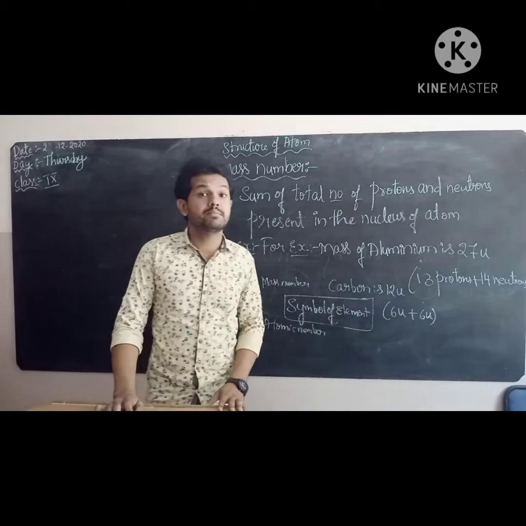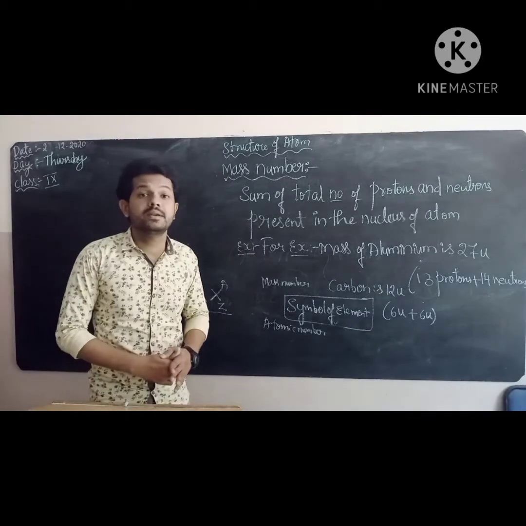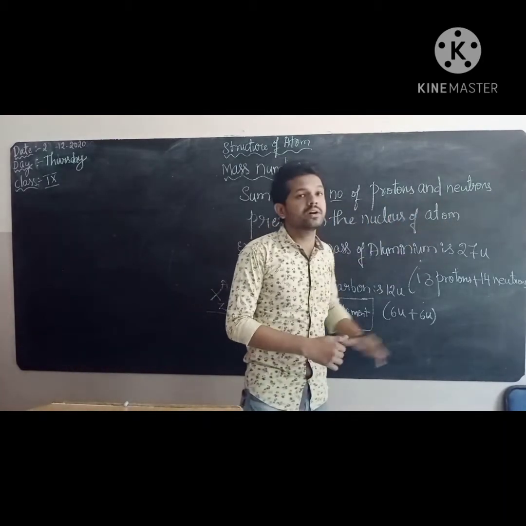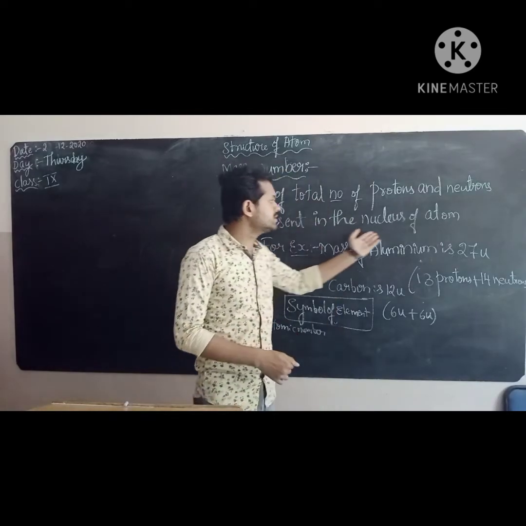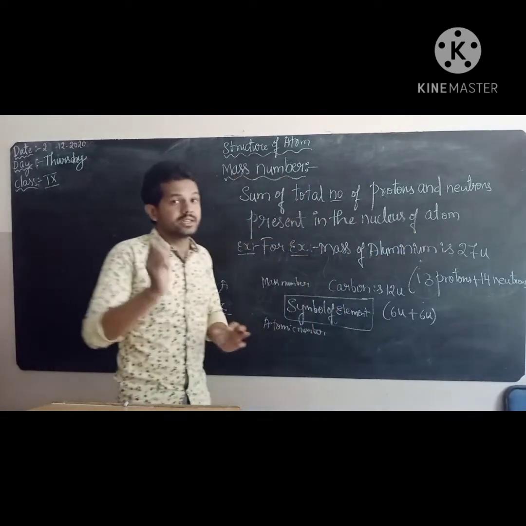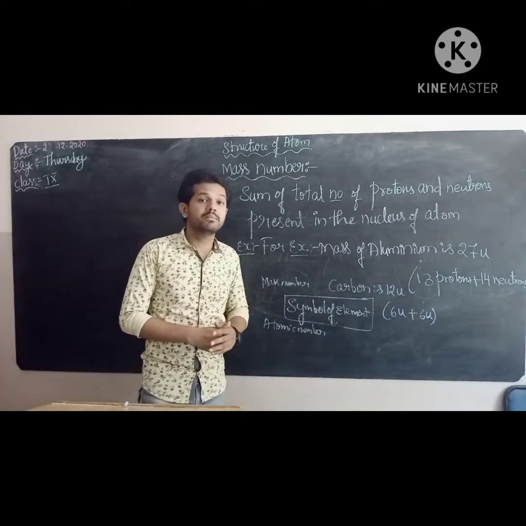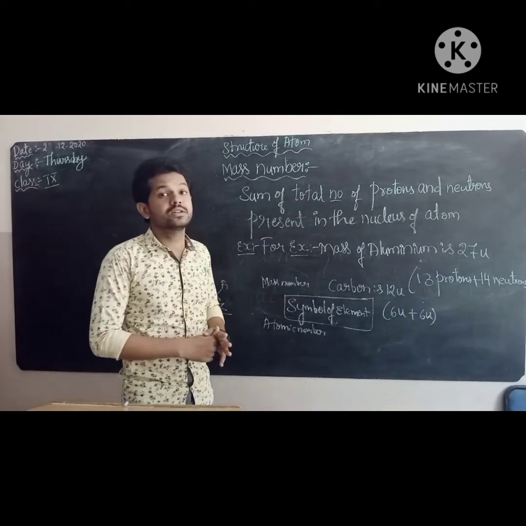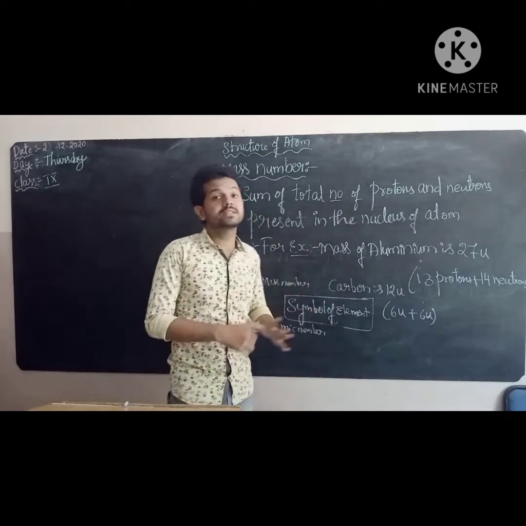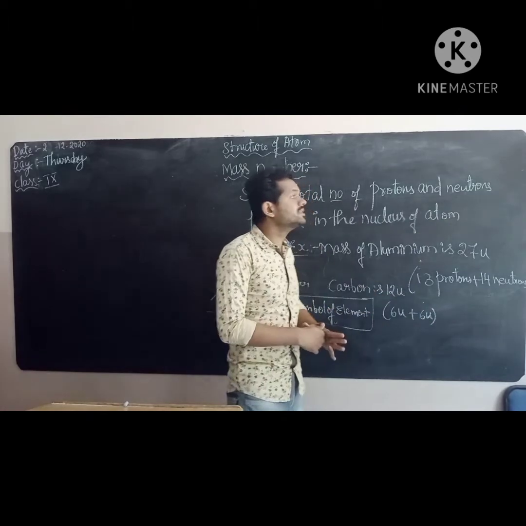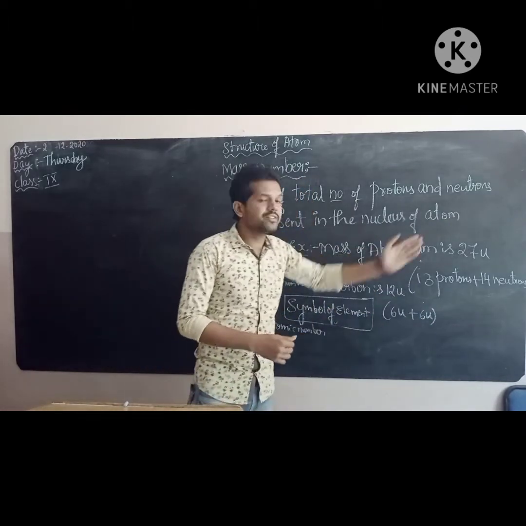Next one is mass number. Mass number can be defined as the sum of the total number of protons and neutrons present in the nucleus of an atom. Just remember, atomic number is nothing but the total number of protons present in the nucleus of an atom, but mass number is the total number of protons as well as neutrons in the nucleus of an atom.